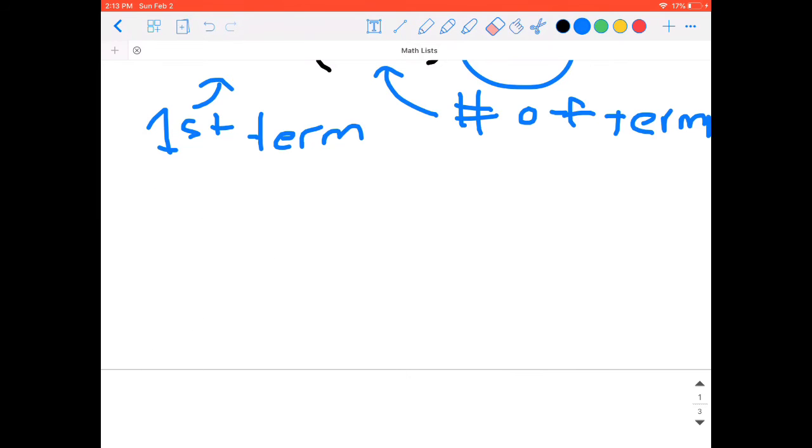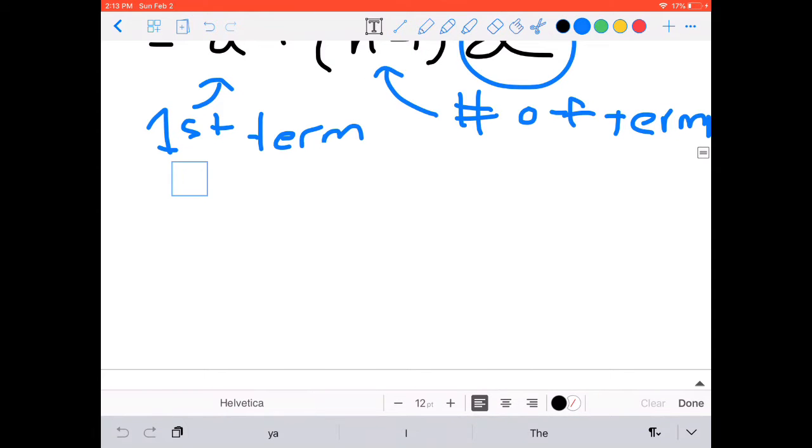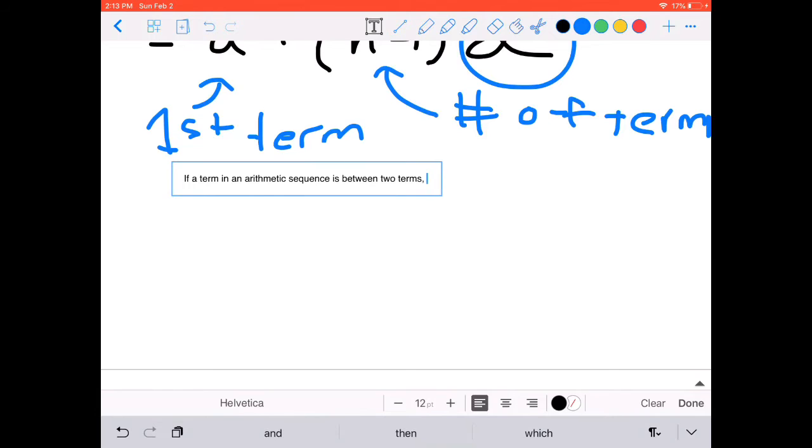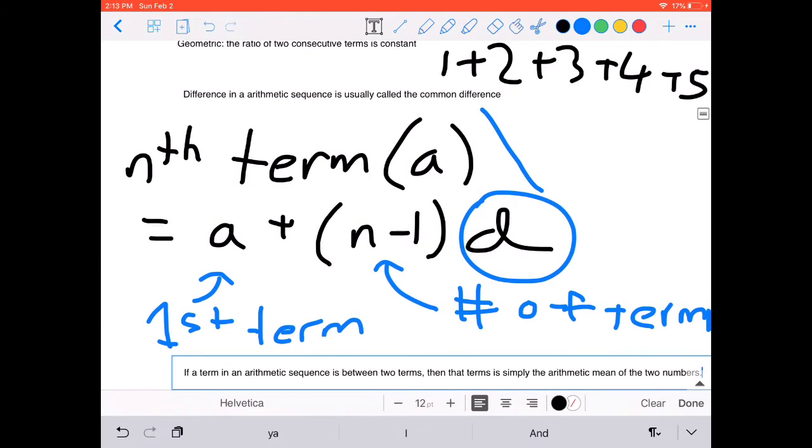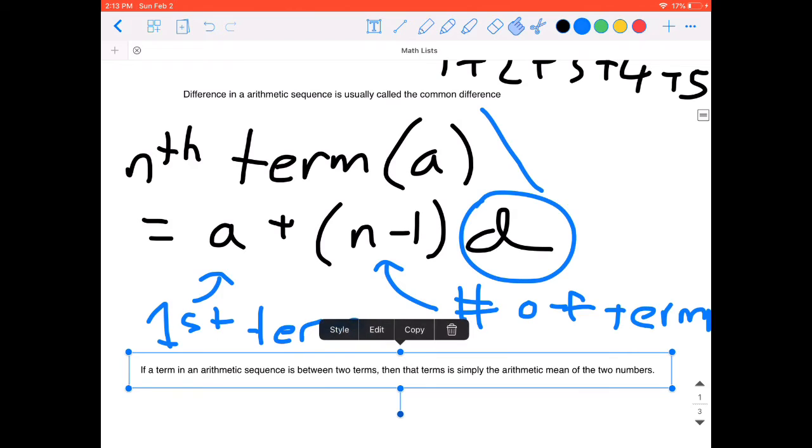Therefore, if a term in an arithmetic sequence is between two terms, then that unknown term is simply the arithmetic mean of the two numbers.